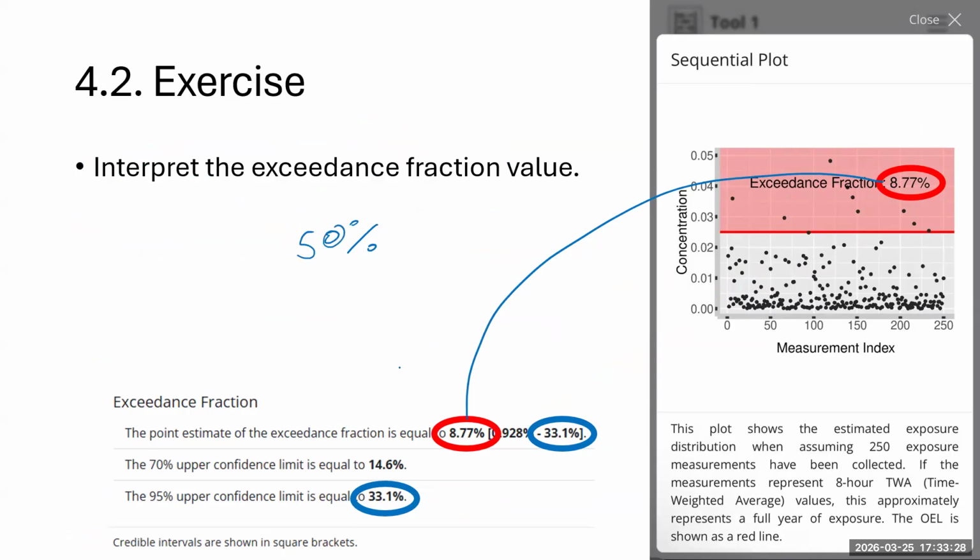So we can say we're 50% confident that 8.7, 8.8% of exposures will exceed the exposure limit, or 95% confident that no more than 33% of exposures will exceed our exposure limit. Different numbers. We could also report the 70%. If I was going to report this to a client, to a manager, I would pick the one that's important to them and report that if one of them is important.